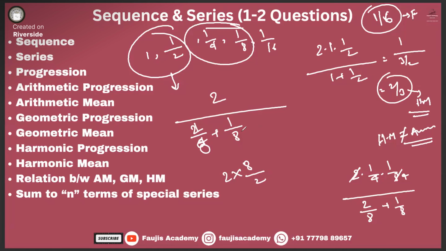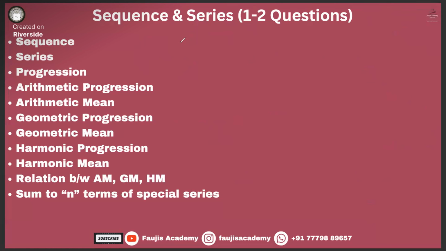Sir, we are doing harmonic progression, right? Yeah, we are doing harmonic progression. We have to have a difference of 1 by 2, right? A plus D, which means 1 by A, after 1 by A plus D. The whole progression itself is not in harmonic progression.